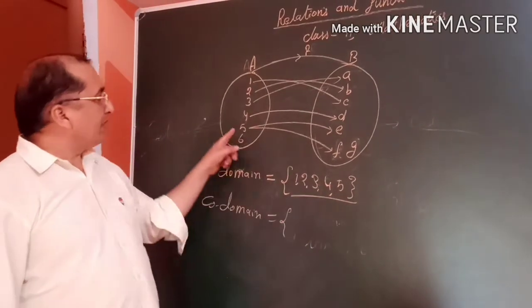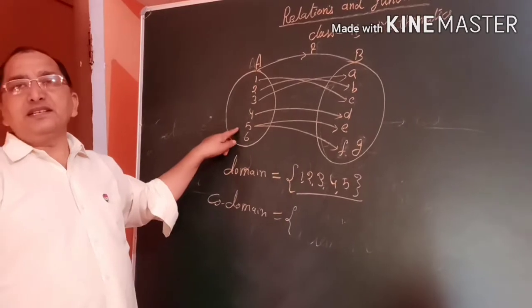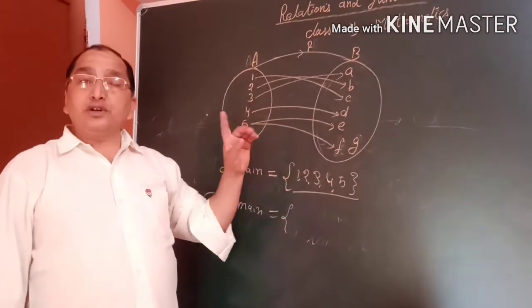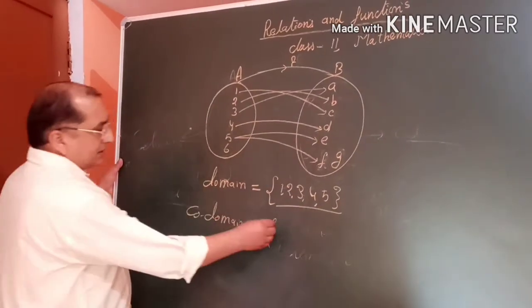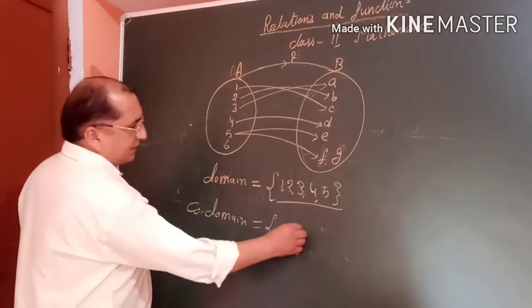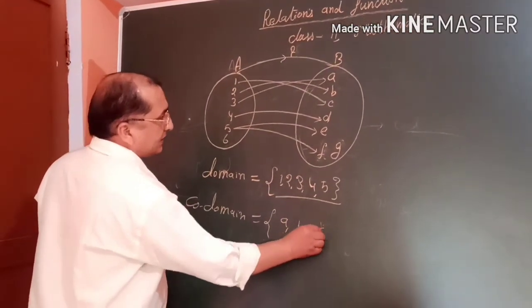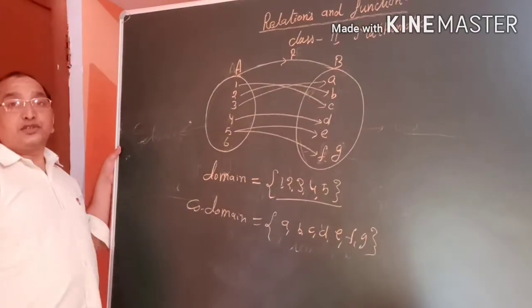Now see, till 5 here. And 6, although 6 belongs to A, doesn't have any image in B, so 6 is not part of the domain of A. For the codomain, all the elements of set B, A, B, C, D, E, F, G are known as codomain.